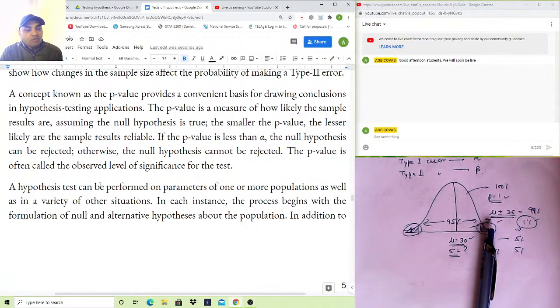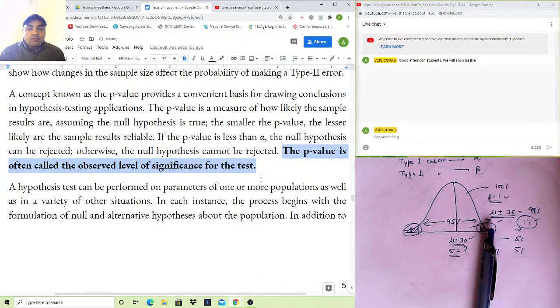The p-value is often called as the observed level of significance for the test. Okay, say for example, if we have a p-value which is greater than this 5%, okay, so we will not be rejecting your null hypothesis. It will only be rejected when it goes below that.